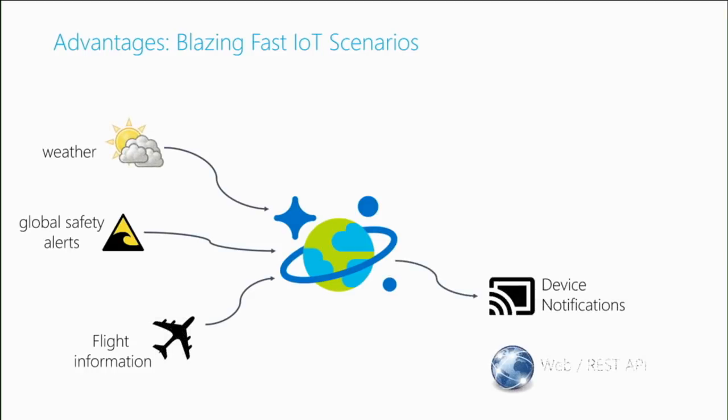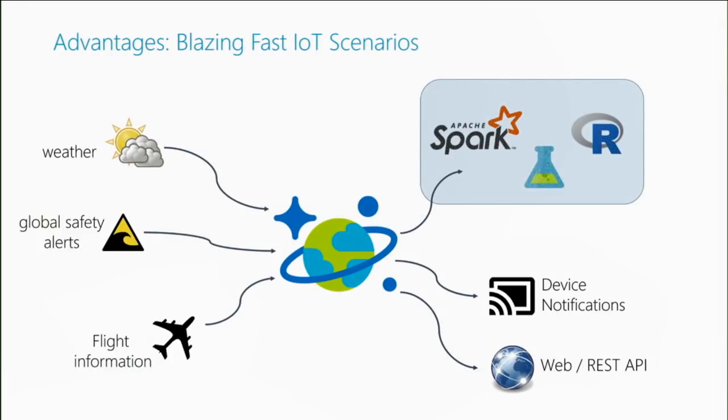So what are the advantages of using Azure Cosmos DB? One of the advantages is that Azure Cosmos DB is designed for high throughput and low latency, which means for IoT scenarios, it's very, very useful.